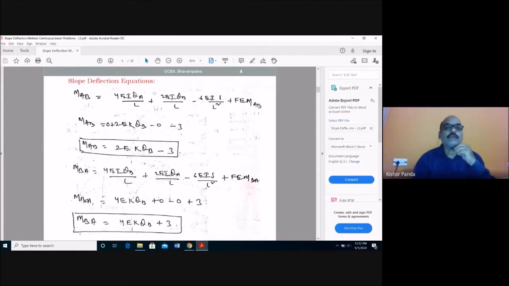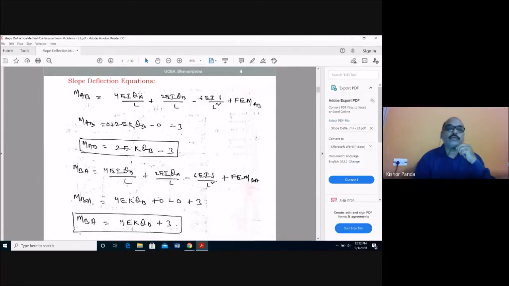Then find the slope deflection equation. You know the slope deflection equation. First, find it for span AB. MAB is equal to 4EI theta A by L plus 2EI theta B by L minus 6EI delta by L square plus fixed end moment AB.